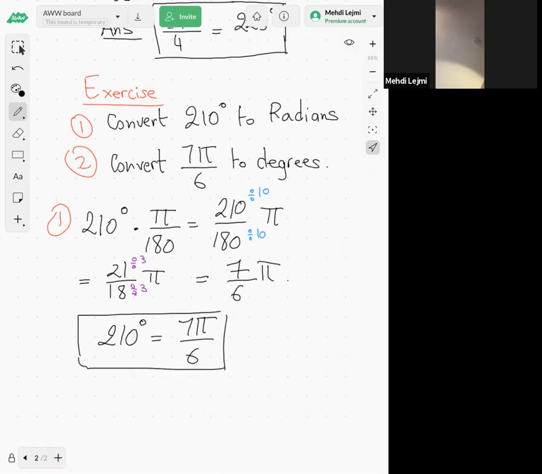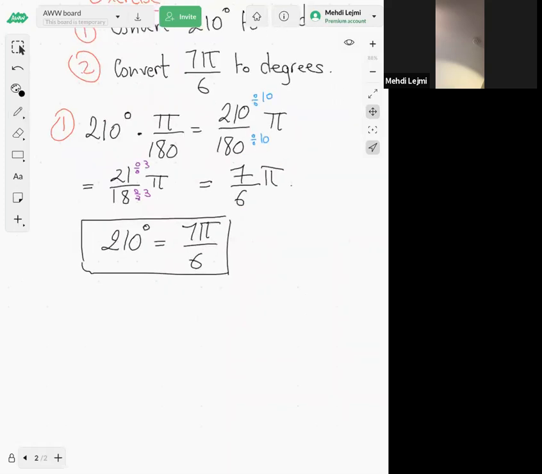All right, number 2. It's 7 pi over 6 radians, and we want degrees. We have to multiply by 180 over pi.